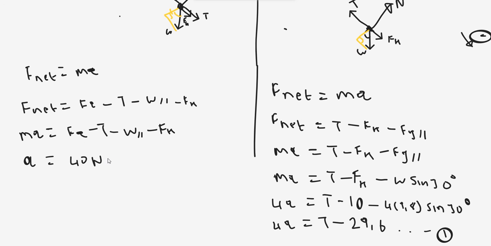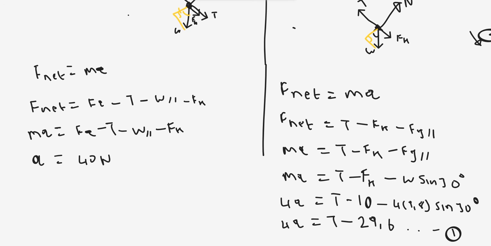Okay, we have 40 newtons minus tension minus weight parallel. The weight parallel is the same, since it is the same plane, minus our frictional force, which was 2.46, which we calculated in the previous question.